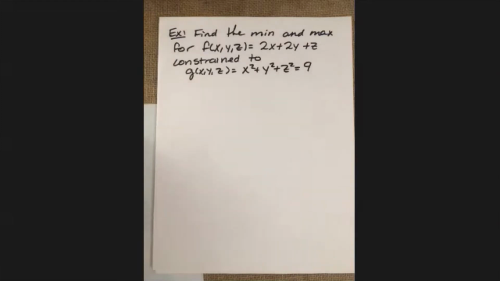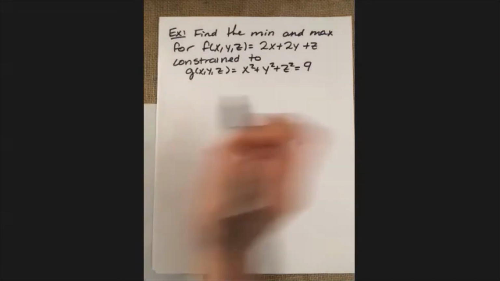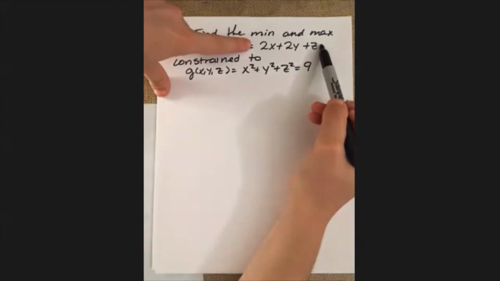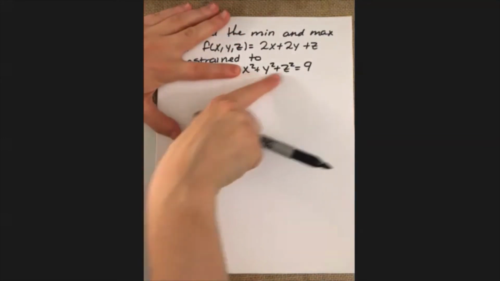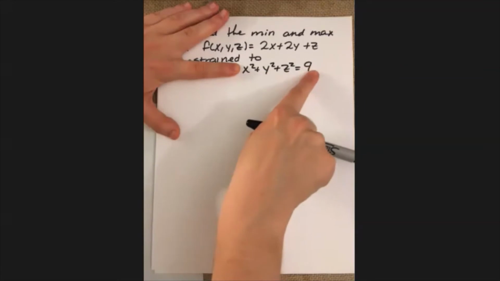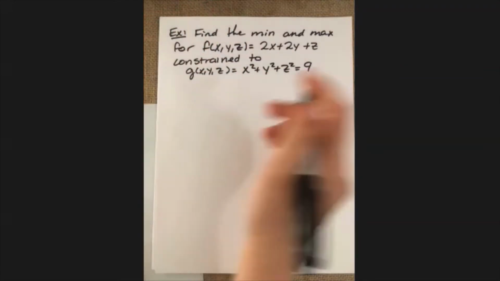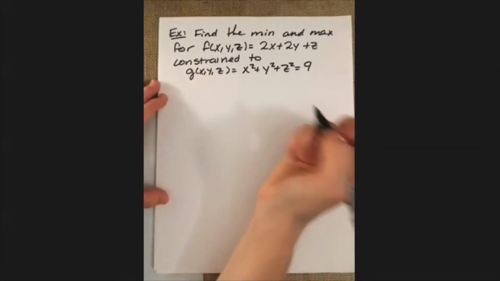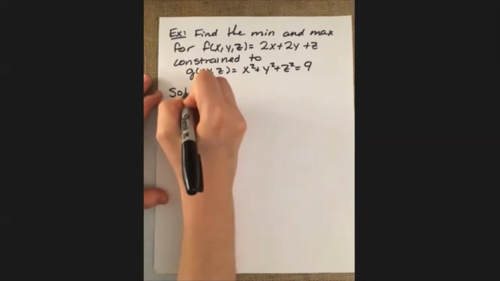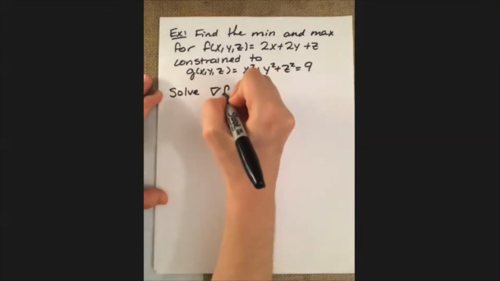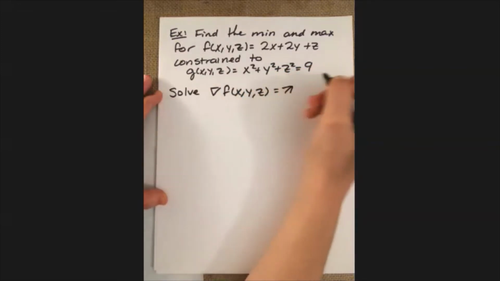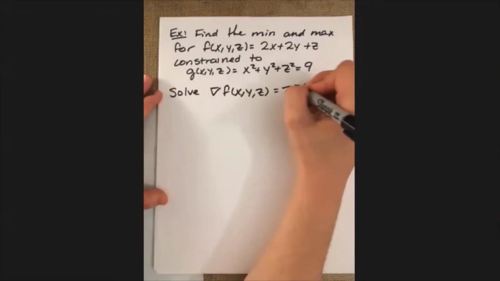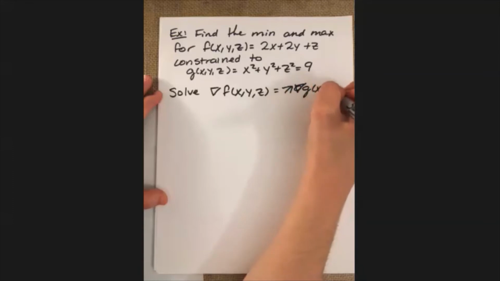And again, we know that we want to use Lagrange multipliers because we have the function we're trying to optimize, maximize or minimize, that has this constraint of a function that has been set equal to a number. So that's how you know we're going to use Lagrange multipliers. To do this, we just solve for where the gradient of f of x, y, z is equal to lambda times the gradient of g of x, y, z.